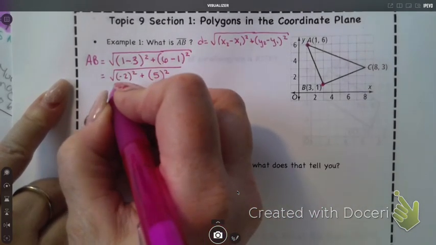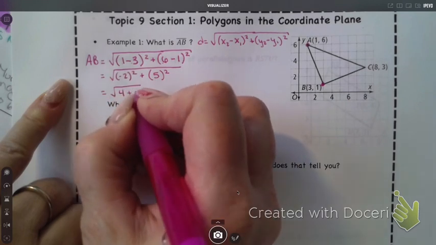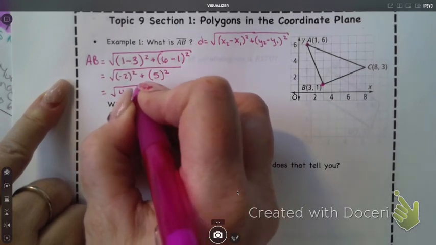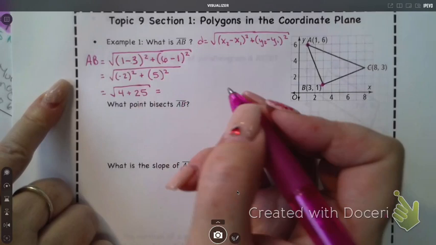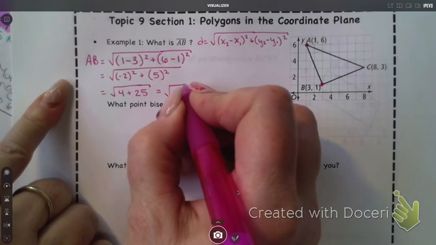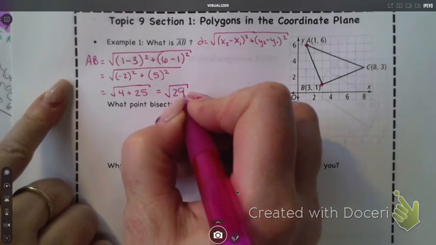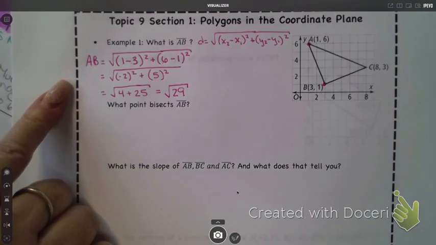So I have the square root of 4 plus 25, correct? So I have the square root of 29. Now, can I reduce the square root of 29? No. That's it. Are you going to get really good at the distance formula today? If you do your homework.